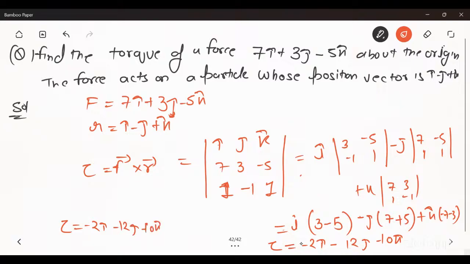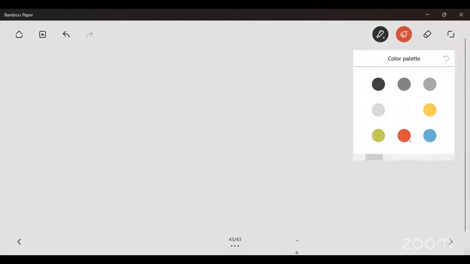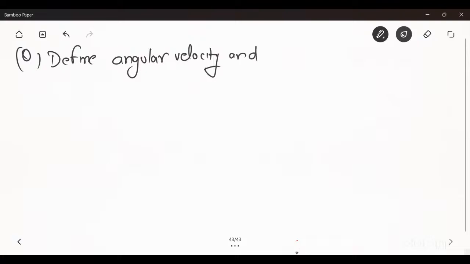Now the next question is, define angular velocity and prove v equal to r omega.